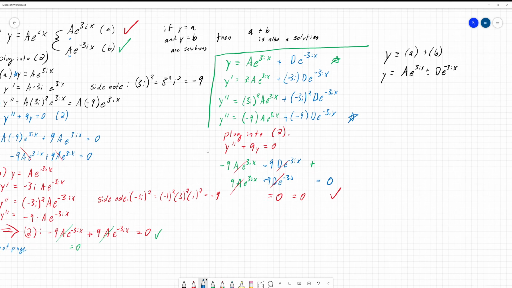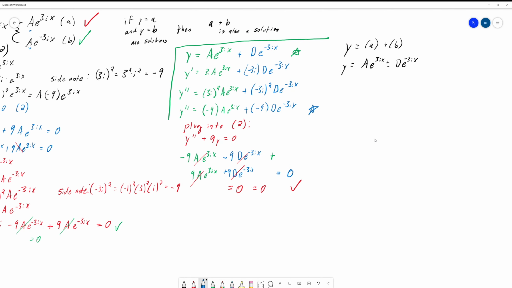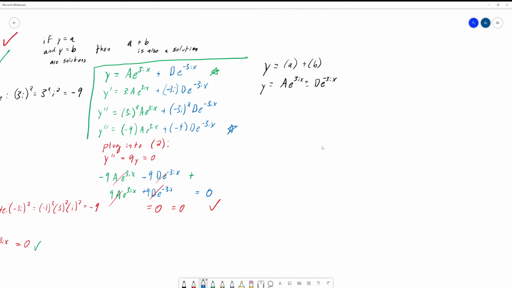And we can see that if it's e to the 3ix plus e to the minus 3ix, this is actually cosine of 3x. And I'm going to divide by 2 here, which is equivalent to dividing by 2 here and dividing by 2 here, and setting a equal to d.